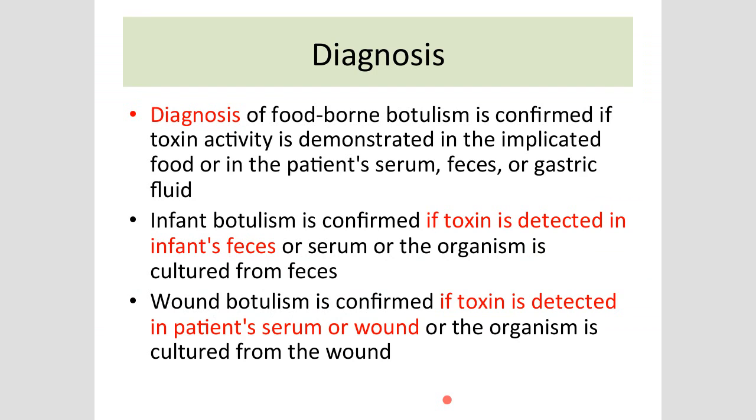How do you diagnose? As I said earlier, food-borne botulism can only be confirmed if you see that toxin in patient serum, feces or gastric fluid. And for infant botulism, we test for that toxin or the organism in the serum or in the wound.